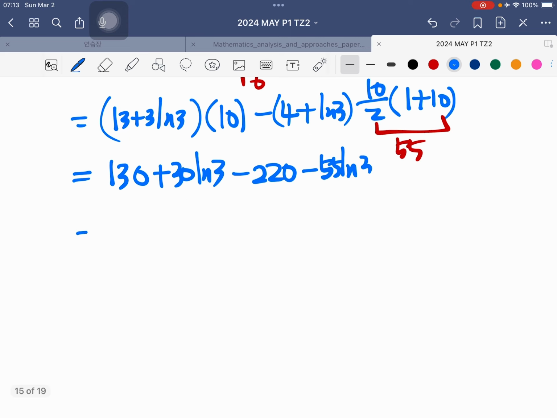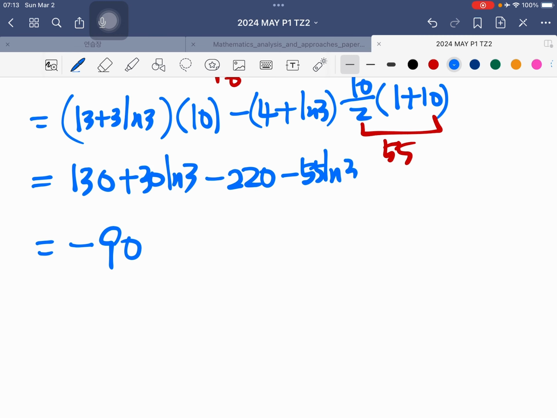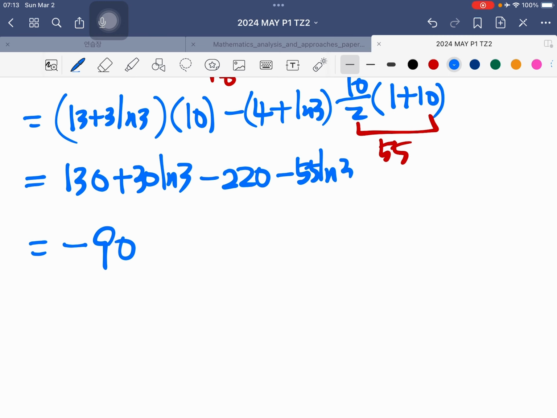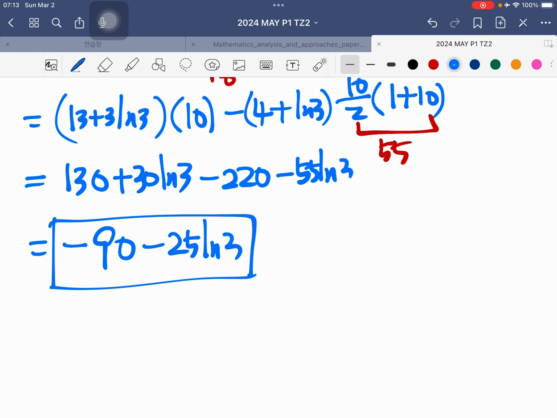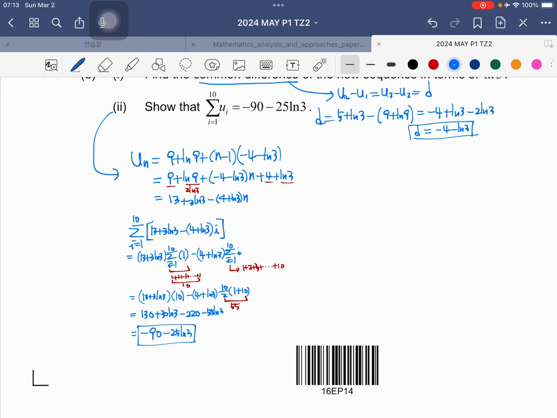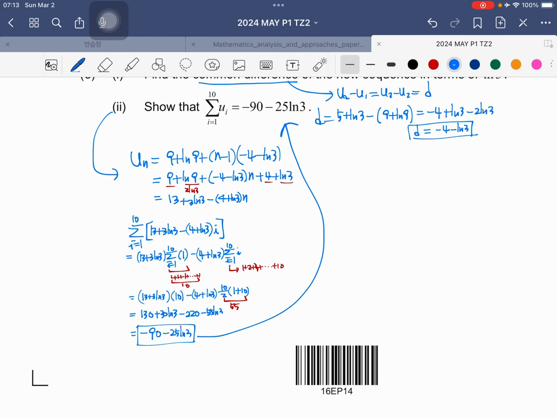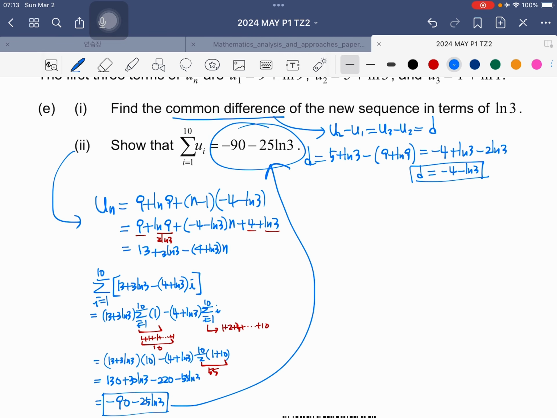So for the final answer, 130 minus 220 is minus 90, and 30 ln 3 minus 55 ln 3 is minus 25 ln 3. So this is the answer, the same result as over here.